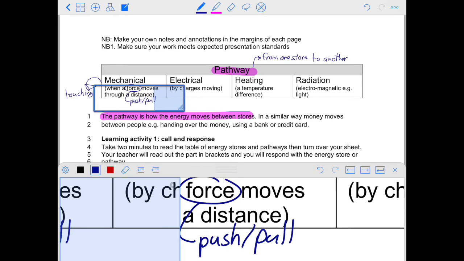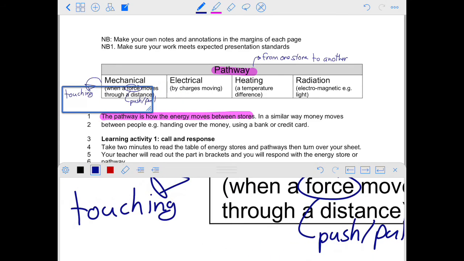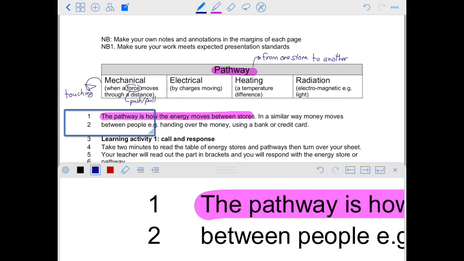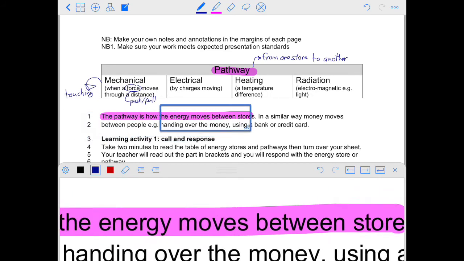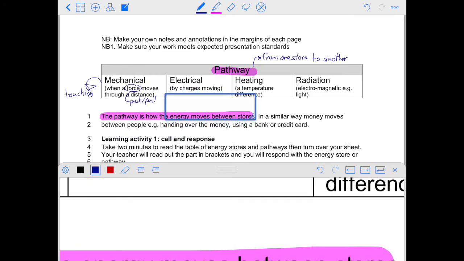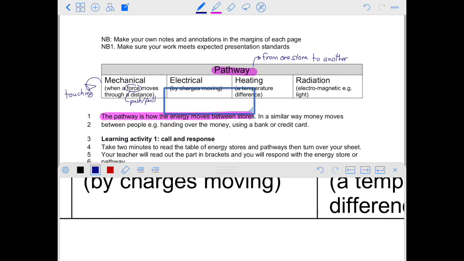So when something's touching or when something's forcing something to move, that is a mechanical energy pathway. So this is the most common. An electrical energy pathway is by charges moving. So this is commonly what we think about as electricity. So when the flowing electrons turn into light energy, for example, that's the electrical pathway.